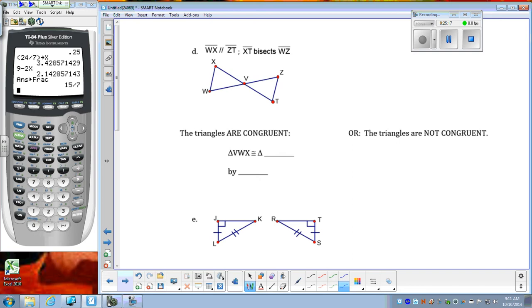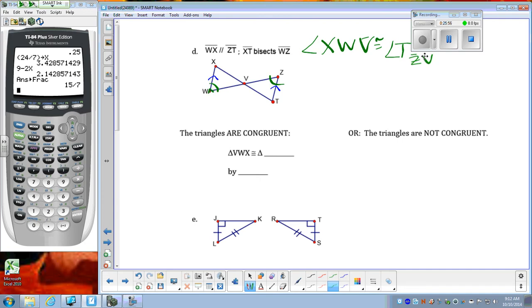Letter D, I know that WX is parallel to ZT. So then I can use some parallel angle pairs. So I know that angle XWV is congruent to angle TZV, because they're alternate interiors.